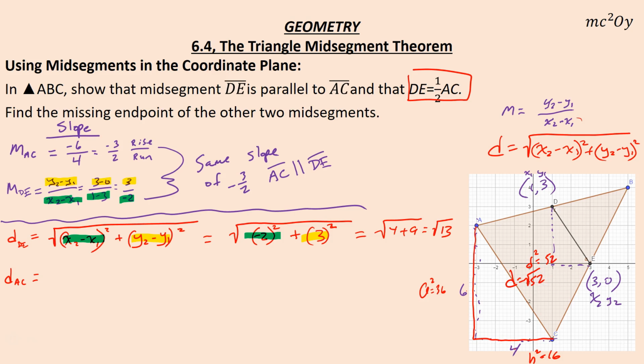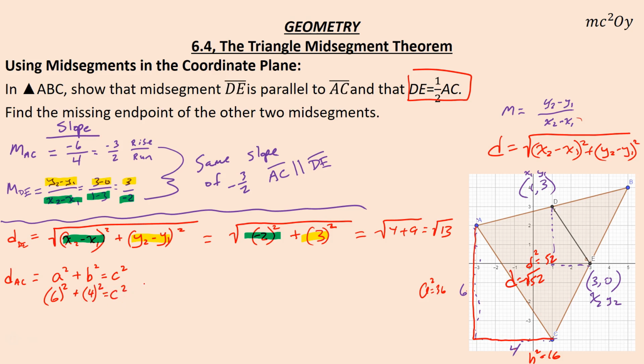Okay, or you're like, what in the world is he talking about? Well, you could just say a squared plus b squared equals c squared. You can use that right triangle, which would give you 6 squared plus 4 squared is equal to c squared.